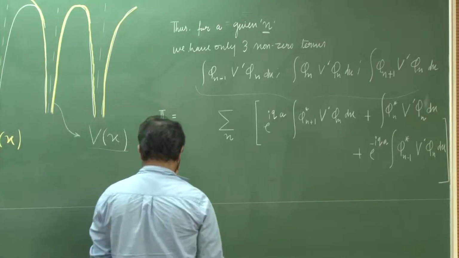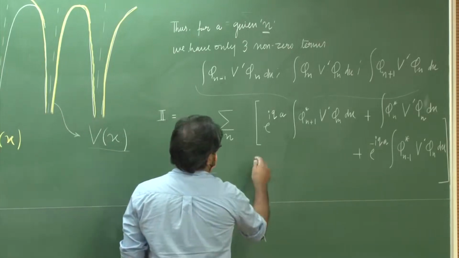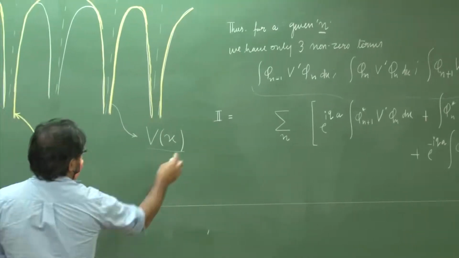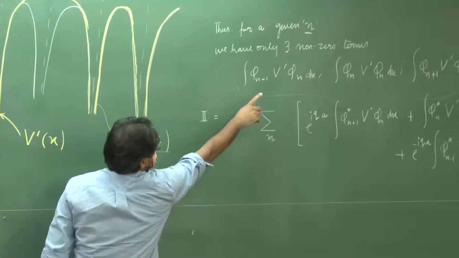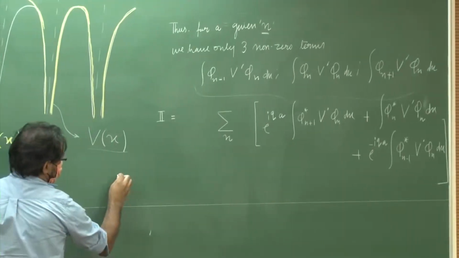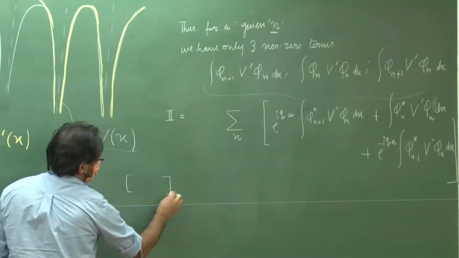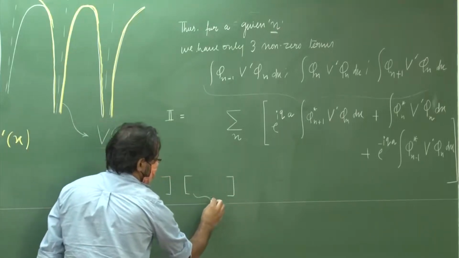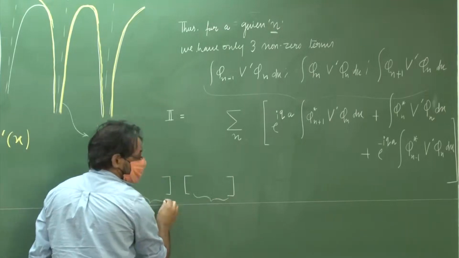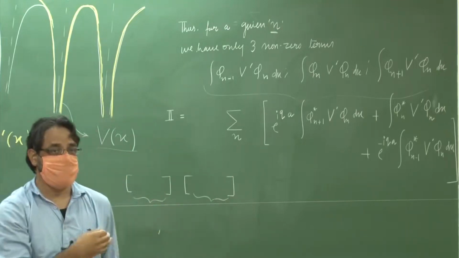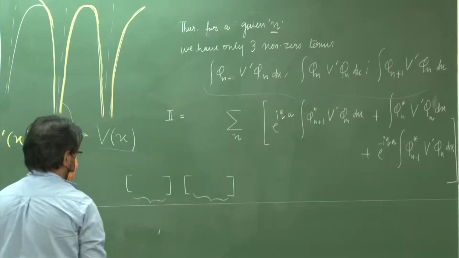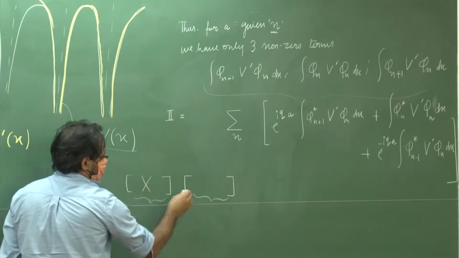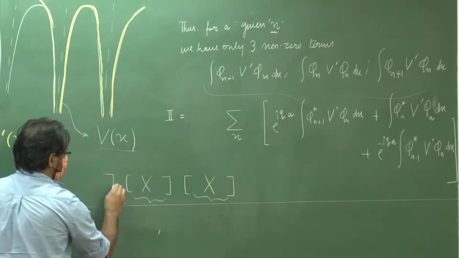Now, because of the symmetry of the problem, if you work this out, for any triplet, the next triplet will give you the same contribution. The magnitude of the contribution from this triplet or this triplet is going to be the same, because this is demanded by the lattice translational symmetry. So if this comes out to be some quantity x, this triplet will also give you x.